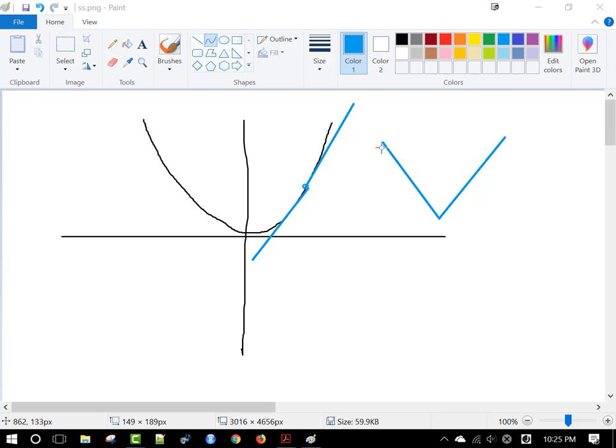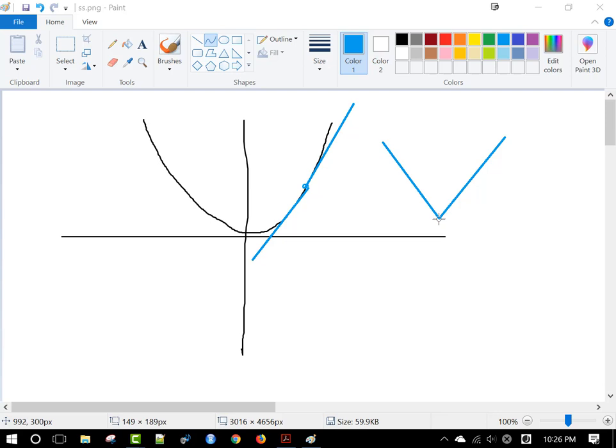Anyway, if we just consider this function, it's not differentiable at this point because there's not a unique tangent line. So if you did that limit, and I said that the definition of differentiability is that the limit exists, the limit wouldn't exist at this point. You could work it out and you could see that the limit would not exist.